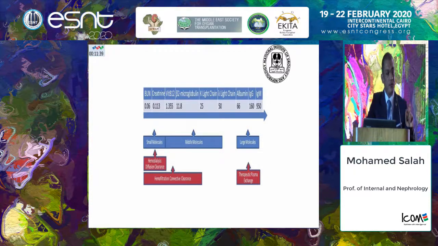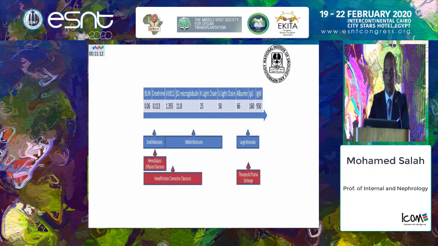The small molecules, example, the BUN and creatinine, are removed by hemodialysis with diffusion clearance. Bigger molecules like vitamin B12 or beta-2 microglobulins or kappa light chains, which are the middle molecules, are removed only by hemofiltration by convective clearance. Hemodialysis is not effective in these methods.